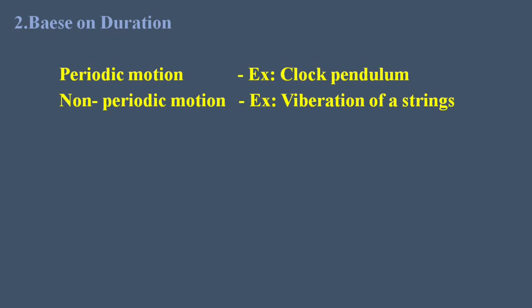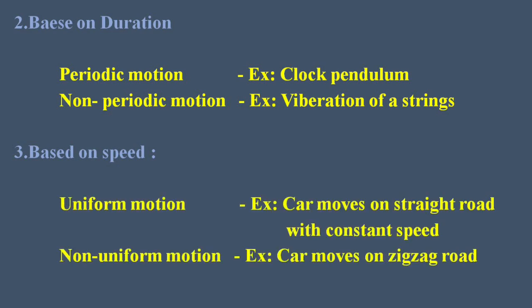Third, based on speed, there are uniform motion and non-uniform motion. Let's see the example for uniform motion. A car moves on a straight road with a constant speed. This also we already discussed. That's an example of uniform motion. Then what is non-uniform motion? A car moves on a zigzag road. If a car moves on a zigzag road, we should apply the brake, and the speed will differ.